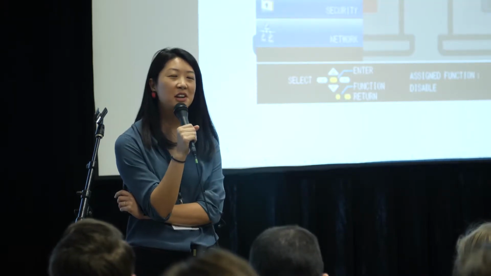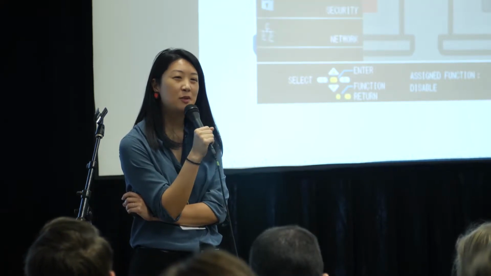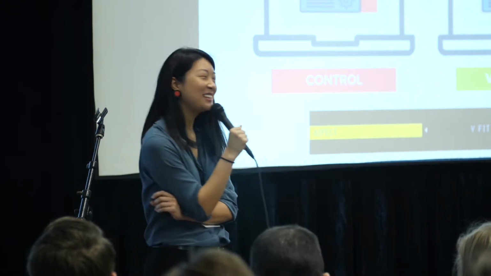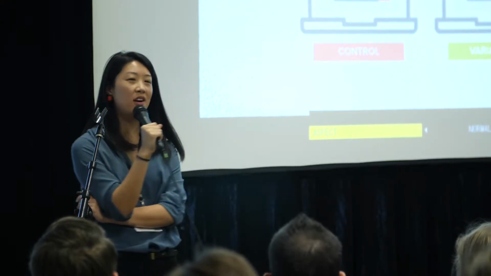So I'm going to start off with some questions. I'm going to ask you to raise your hands. I'm going to ask you to do this a bunch of times because I'm a former teacher. Raise your hand if you've ever had this dilemma or struggled with this in your work.